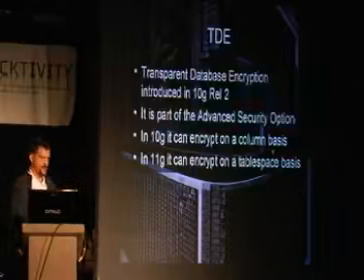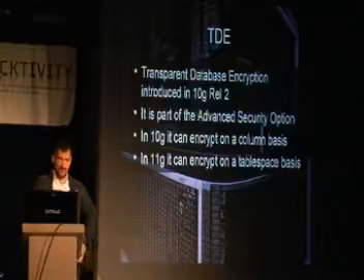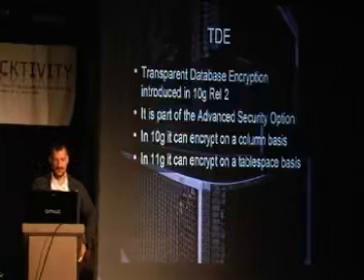Okay, so transparent database encryption was introduced with 10g release 2. Unfortunately, it requires the Advanced Security option, which means that we need to pay Oracle a bit more. In 10g it could encrypt on a column basis, which means that when we created a table, we could specify which column should be encrypted.